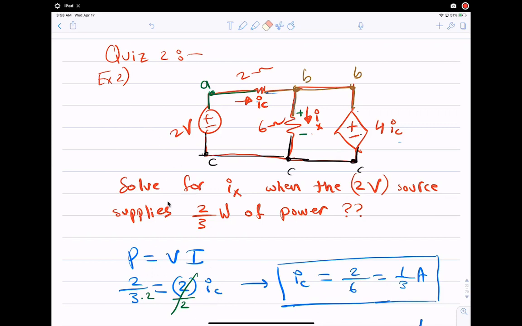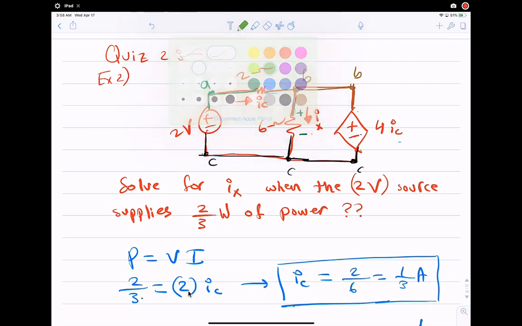P, he just said 2 over 3 watts, equals the voltage, which is 2 times IC. Now, I need IC, so you go ahead and divide over the coefficient of IC because I want just IC.